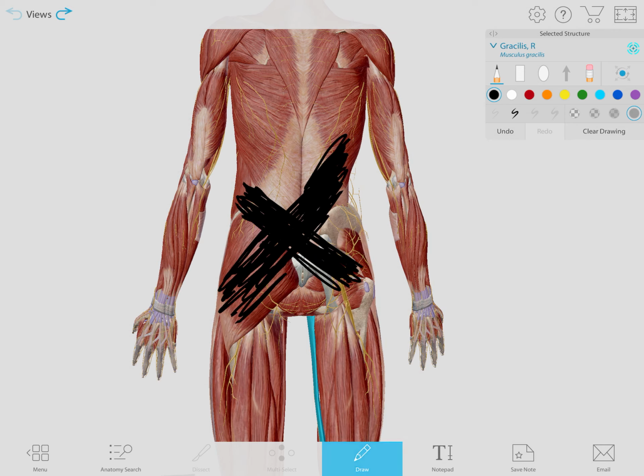And when the muscles work together in a coordinated fashion, they help to squeeze and stabilize the pelvis, and again, our force closure.